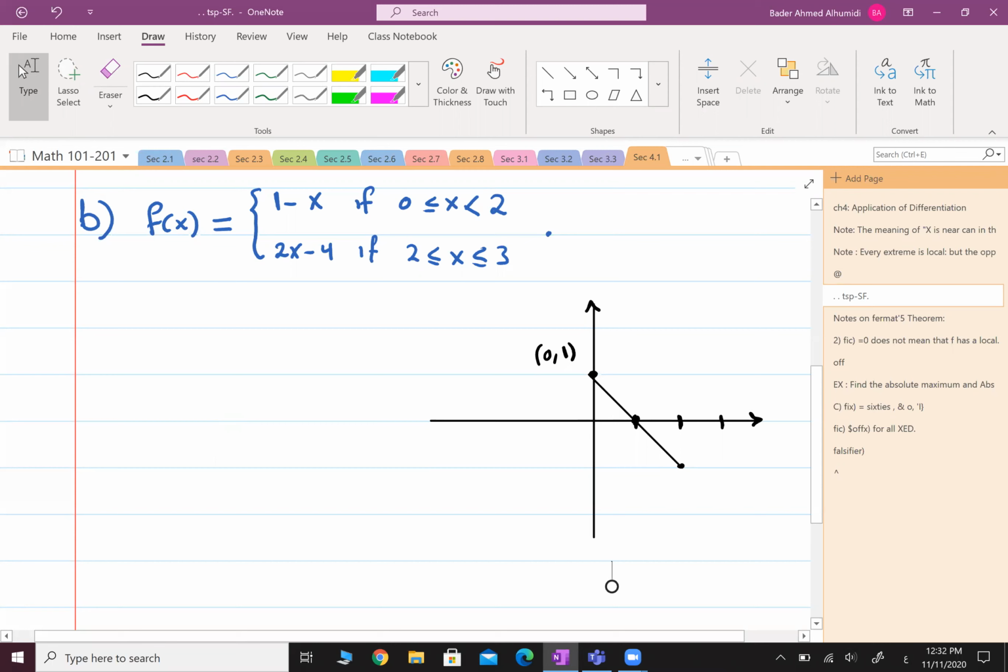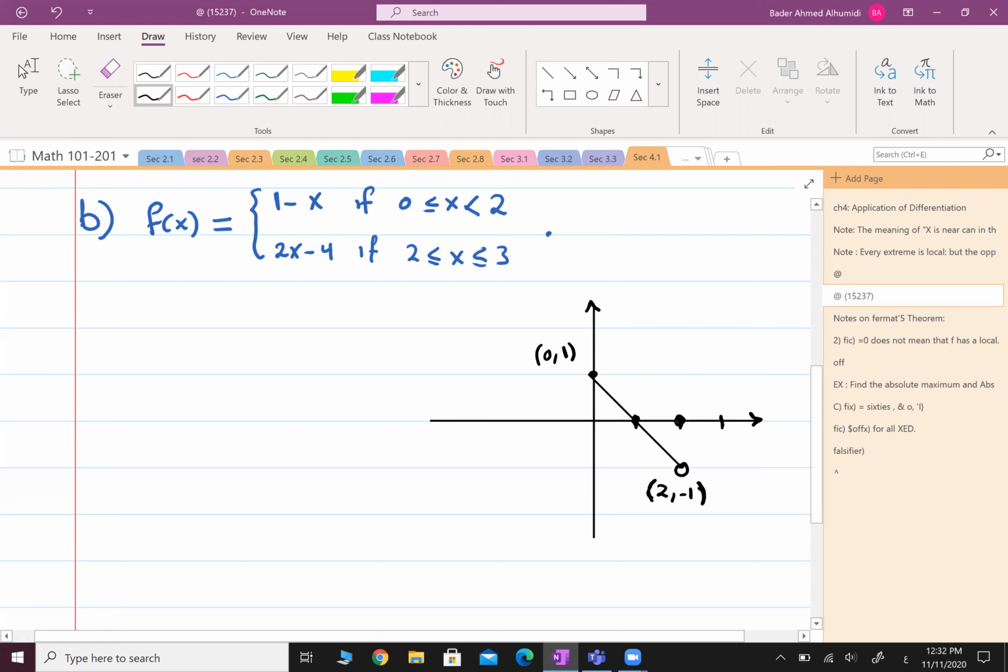Now, what happened at 2? Is this one open or closed? I need to make this one open. There's supposed to be a point at 2 and minus 1, but actually this is not part of the graph. What about 2 to 3? When we substitute 2 here, it will be 4 minus 4, that is 0. So I will make it closed at 2 and 0.